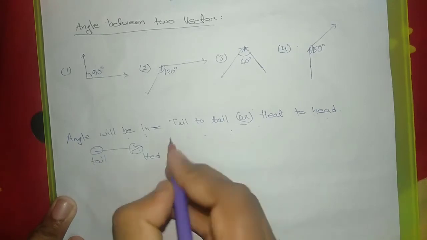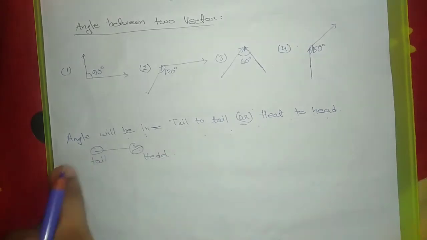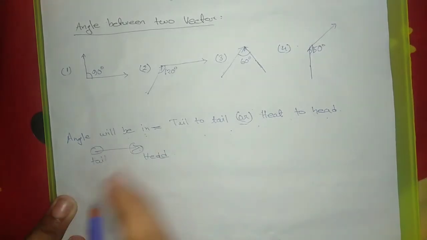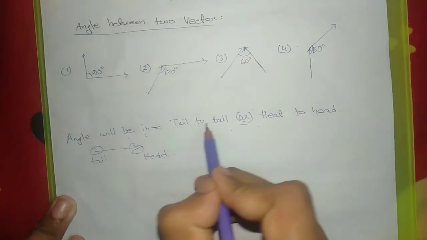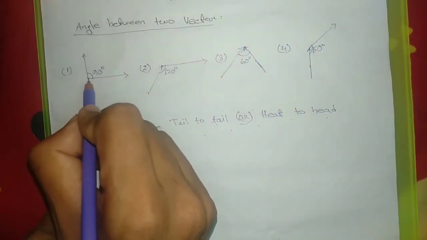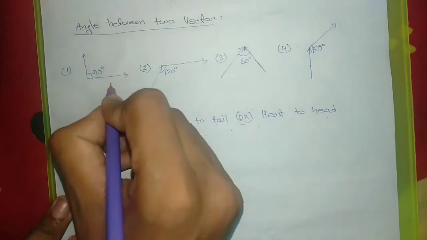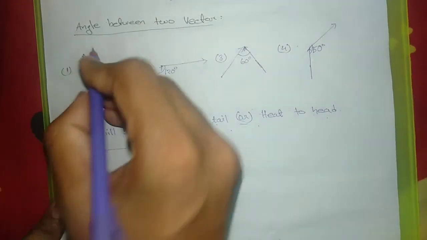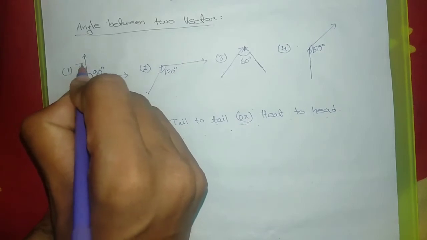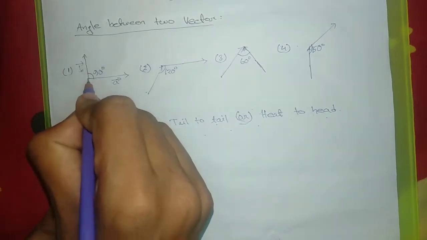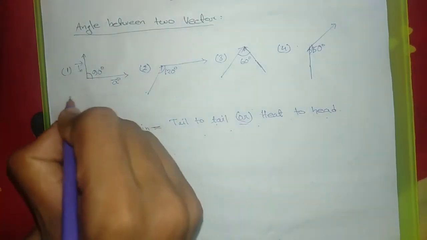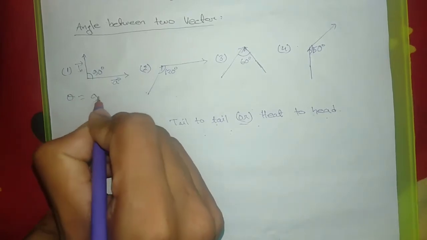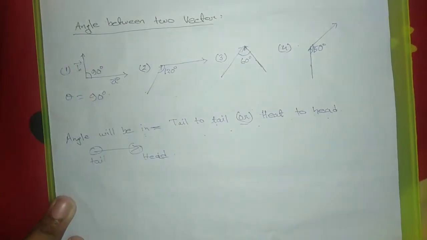Head, and it is tail. Okay, so tail to tail means, for this a vector the tail is here, and this is b vector, the tail is here, so the angle is 90 degrees.